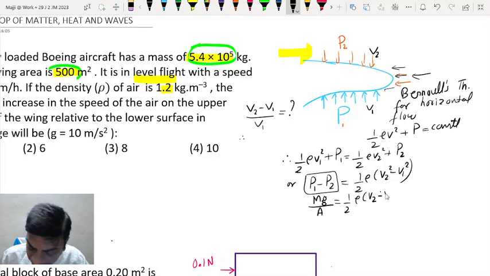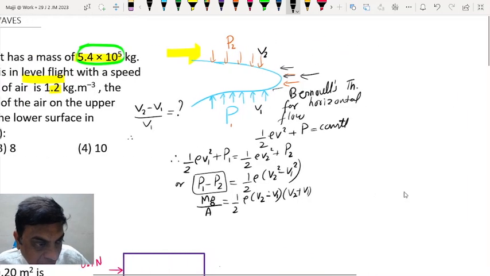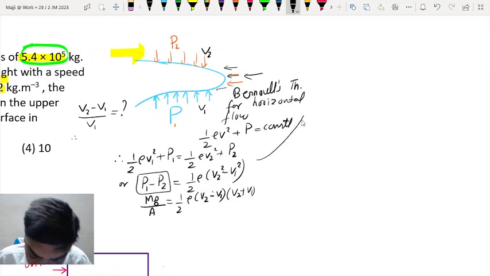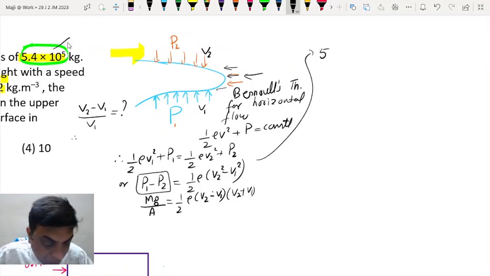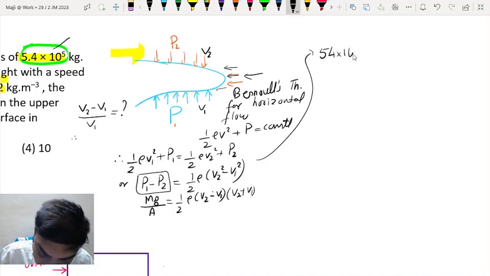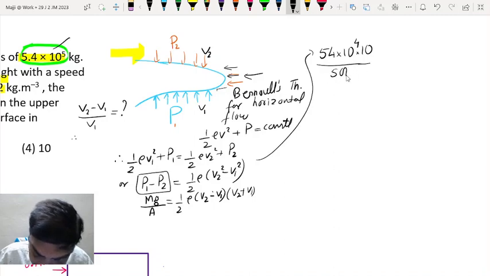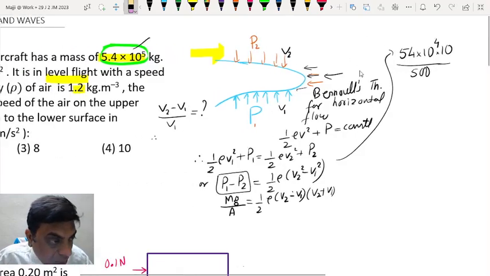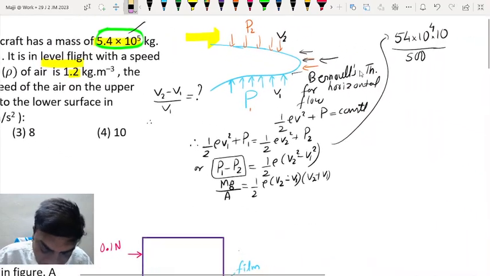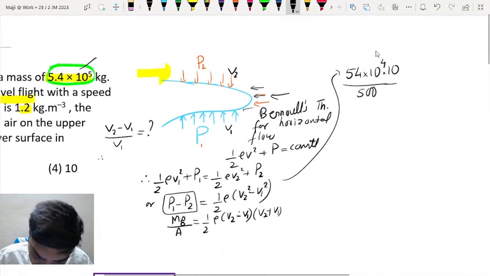Now this can be written as V2 minus V1 into V2 plus V1. A small approximation will do, that I'll let you know. So M is given as 54 into 10 to the power 4, and g is 10 of course. Area is 500 meters square, given. I am substituting all the things in SI units, so no need to worry about the units.